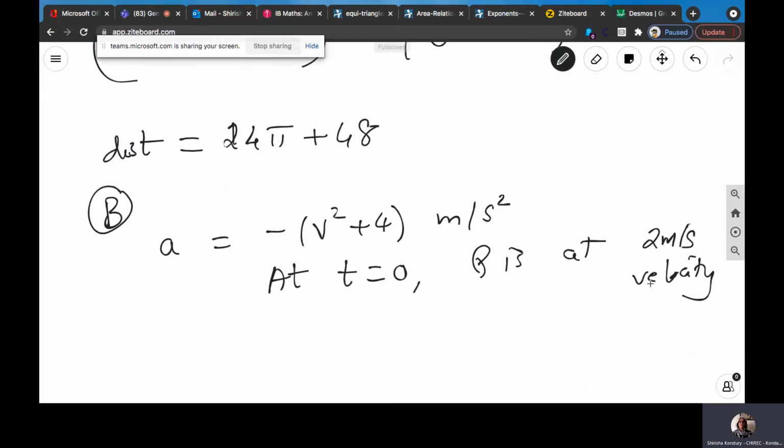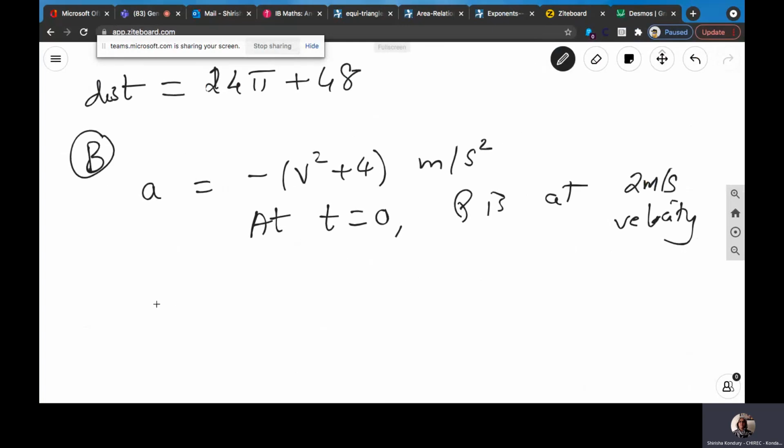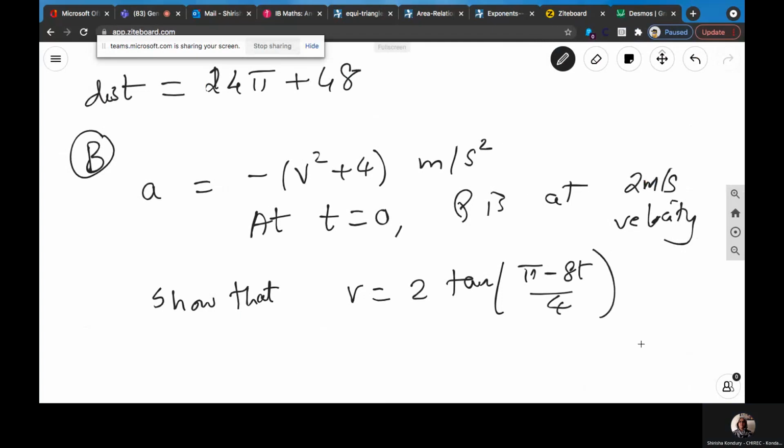So again, the initial velocity is given. The question now, instead of asking you the expression for velocity, they're saying show that velocity is given by 2 tan of (pi minus 8t) upon 4. Okay.